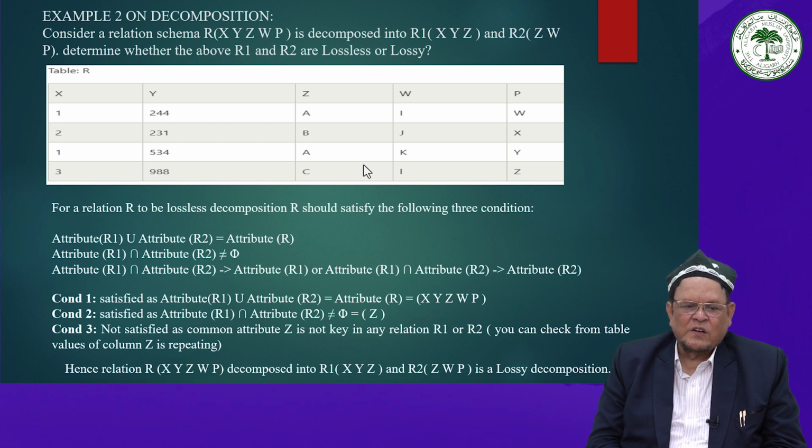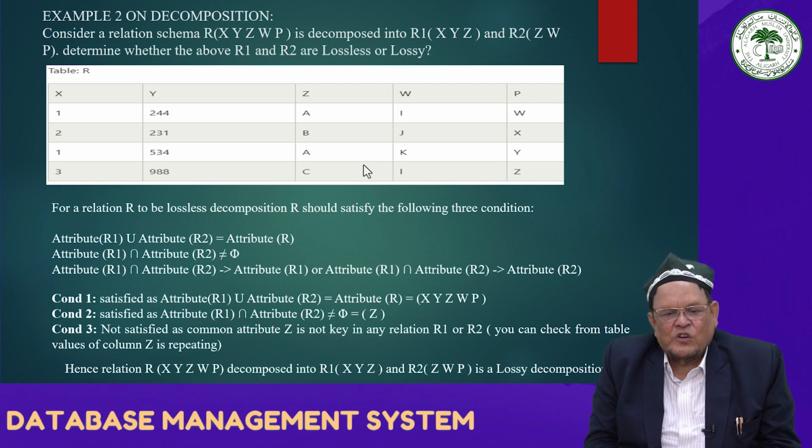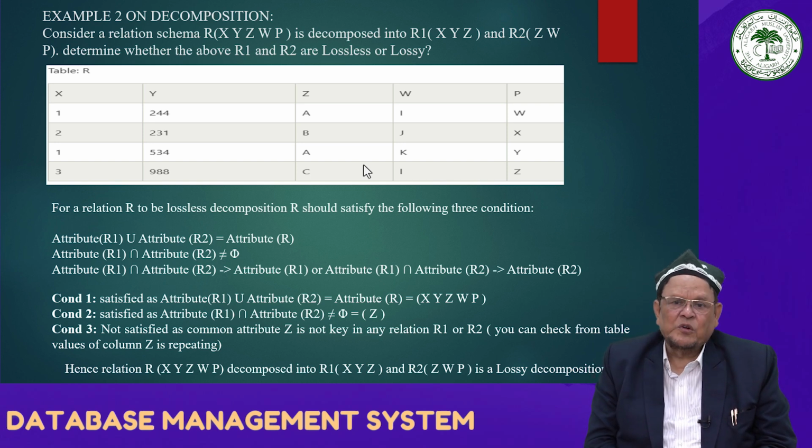We can check from the table that Z is repeating, A appears 2 times. So hence the relation R decomposed into R1, R2 is a lossy decomposition. Z is not the key, because Z has the same value more than once.